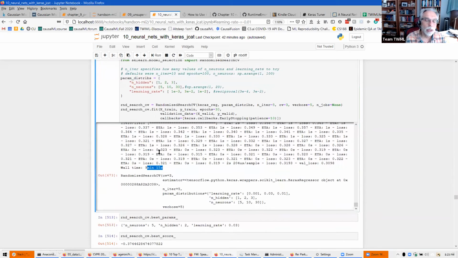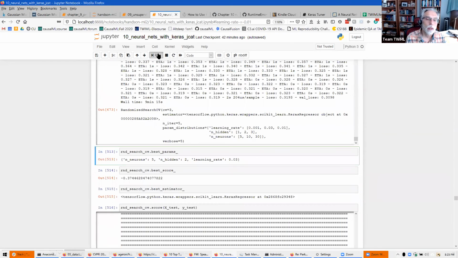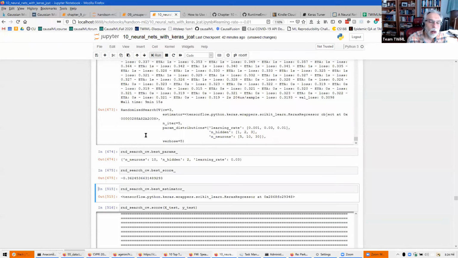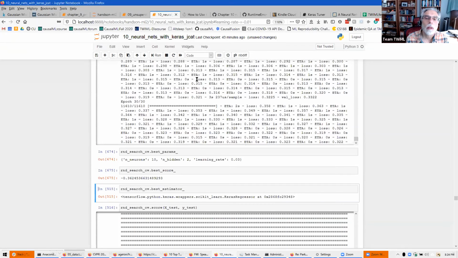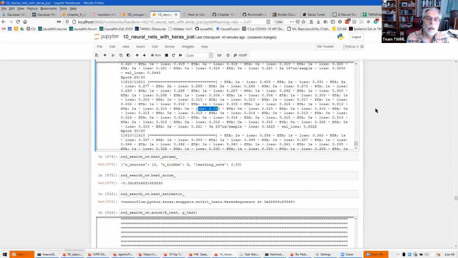Okay, so now we can look at the best parameters that it found in this run: 10 neurons, 2 hidden layers, and a learning rate of 0.03. That's consistent with what we've seen before. And the best score, 0.36. And we are using MAPE now, so let's make sure.